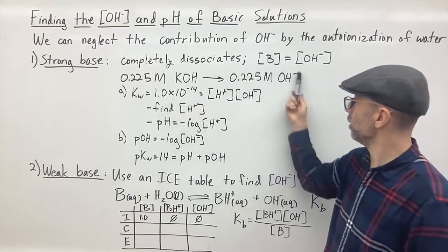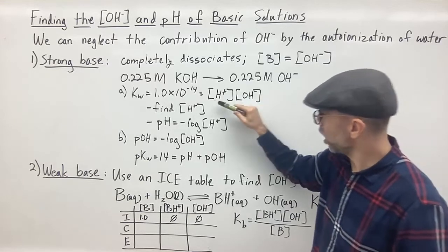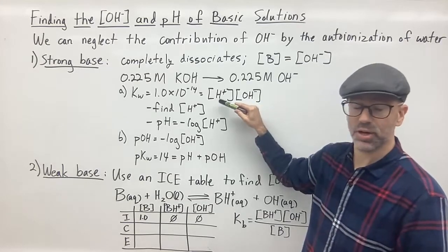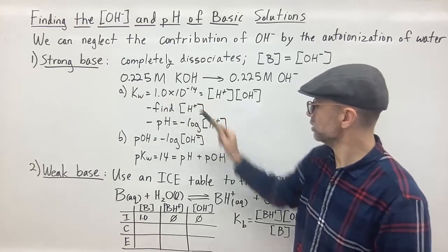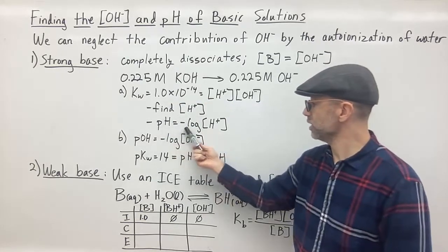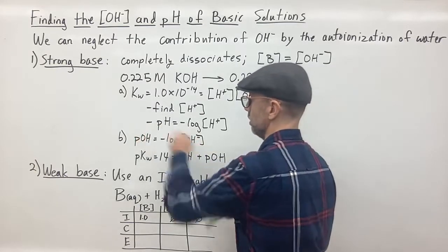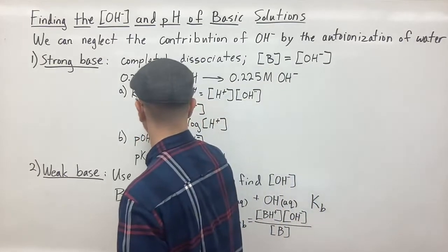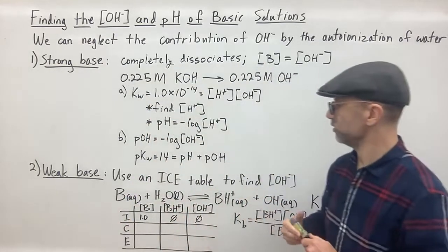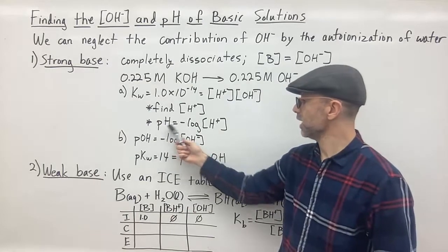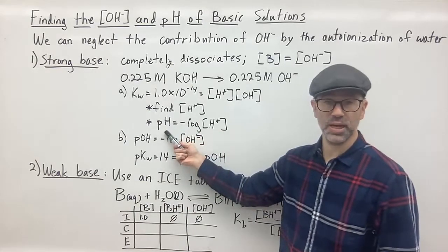I know what my OH minus concentration is, so I can plug that in here and solve for the H plus concentration. Then I can plug that into the negative log and find the pH. There you go, that way it's less confusing. So the pH is equal to the negative log of the H plus concentration.